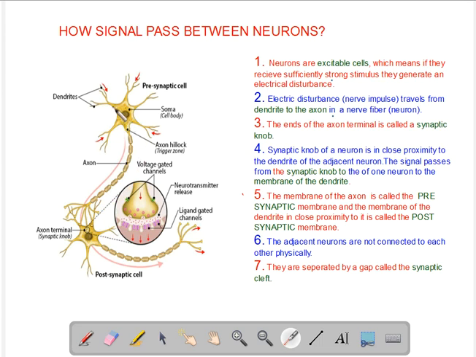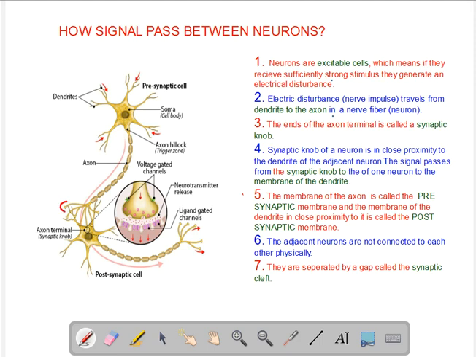Similarly, muscle fibers or muscle cells are also excitable cells. This means if you stimulate a nerve cell sufficiently strongly, it will generate an electric disturbance, and that electric disturbance will travel from the dendritic ends across the cell body or the soma, across the surface of the axon to the axon terminals, and eventually those electric disturbances, which is also called the nerve impulse, reaches the ends, and these ends are called synaptic knobs.